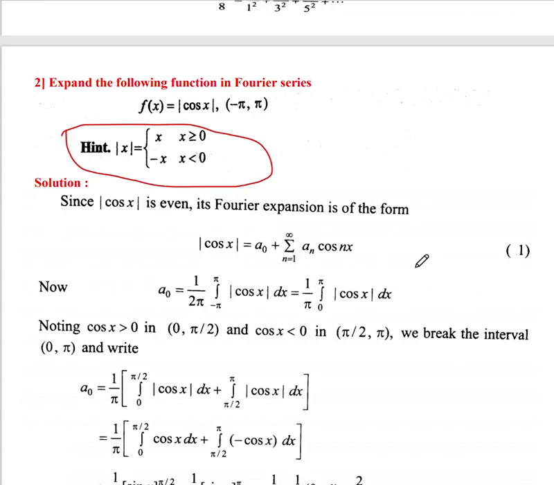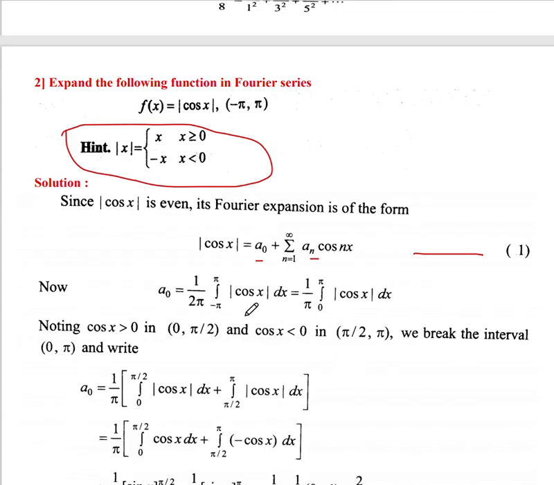So here f of x is mod cos x. Let us consider this as equation number 1. Here we have to find the a0 coefficient and then an. Then we will put a0 and an in this equation, and then we will find the Fourier series. So here a0 is 1 upon 2 pi integral from minus pi to pi of f of x dx, and here f of x is mod cos x.